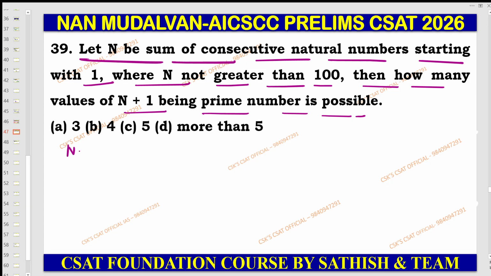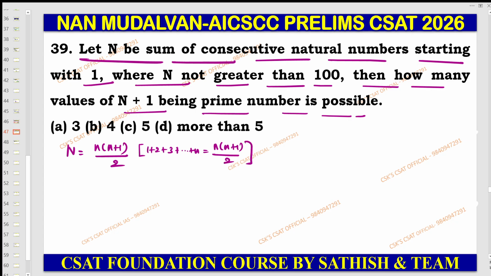So capital N is equal to the sum of consecutive natural numbers. What is the sum of the consecutive natural numbers? n into n plus 1 by 2, starting with 1 also. So in brackets you can write 1 plus 2 plus 3 plus etc plus n, which is equal to n into n plus 1 by 2.